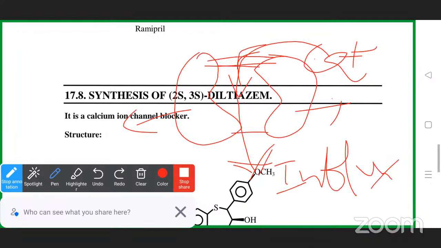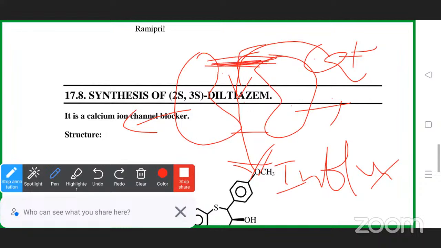The inflow of the blood and the outflow of the blood will be controlled by your calcium ions. So for that, the required calcium will enter through these ion channels, which act as a gate. Once sufficient calcium has entered, the ion channels will be closed here.